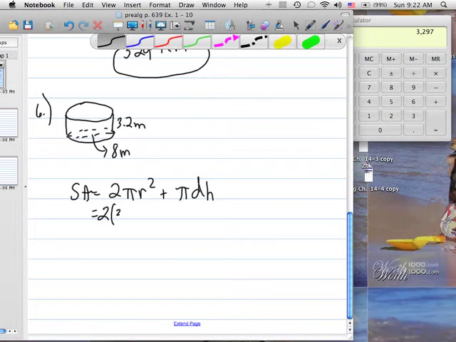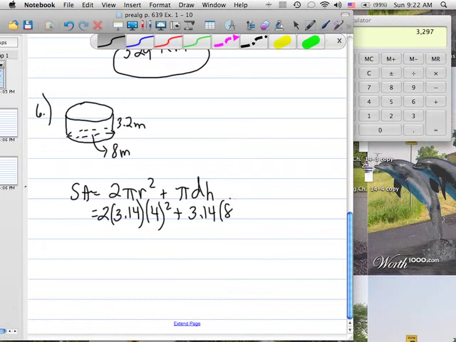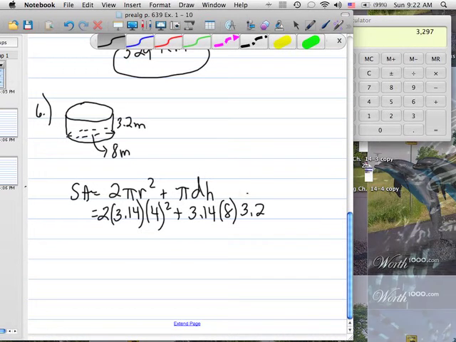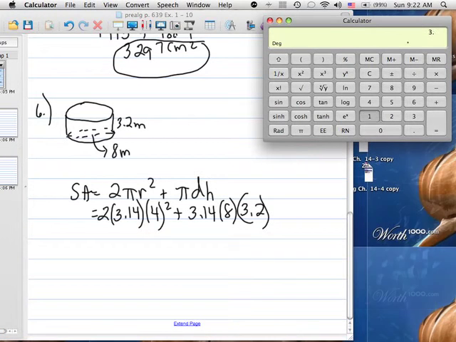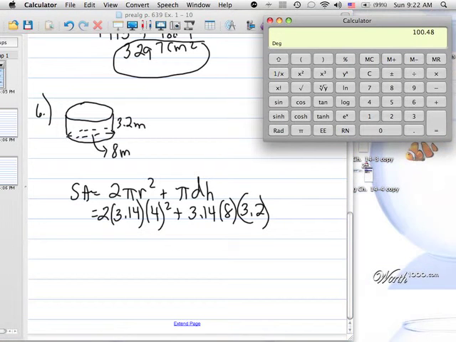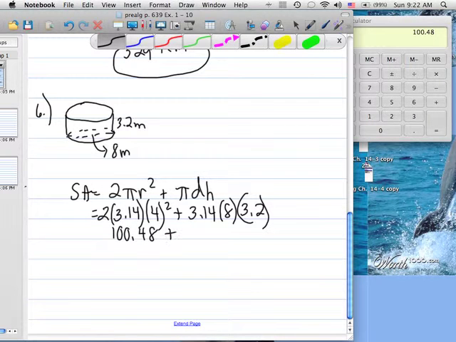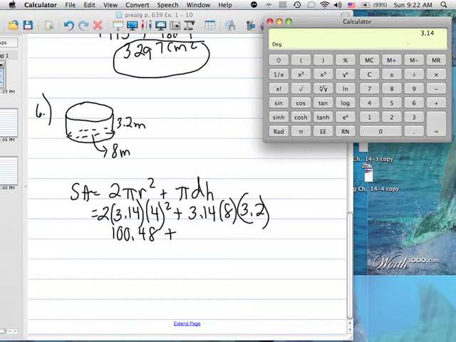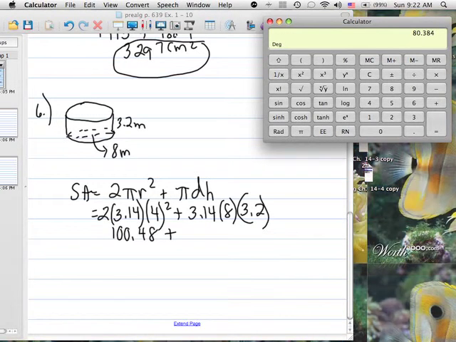So it's 2 times 3.14. The radius would be half of the 8, which would be 4 squared. Plus pi 3.14, the diameter is 8, and the height is 3.2. So careful using our calculator this time. We get 2 times 3.14 times 4 squared, and that gives us 100.48, plus 3.14 times 8 times 3.2, and that's 80.384.